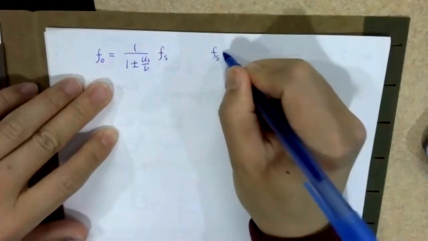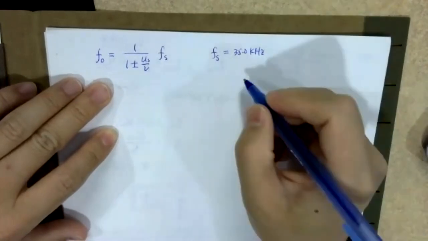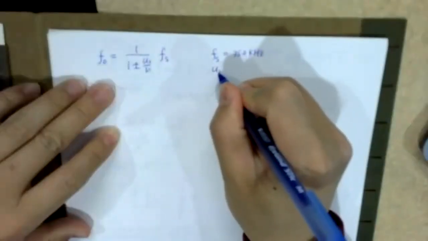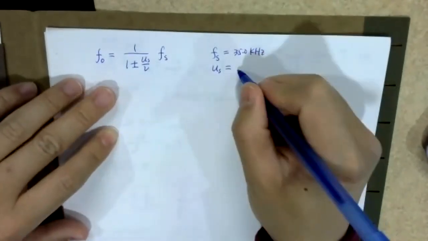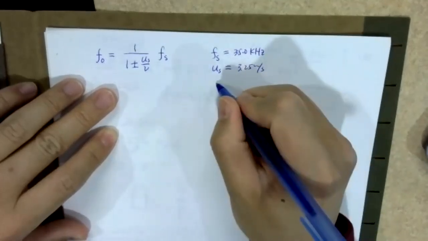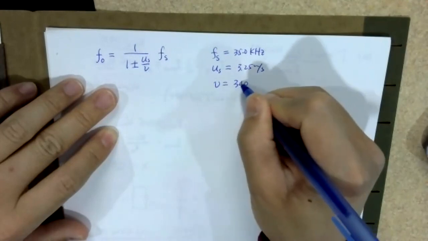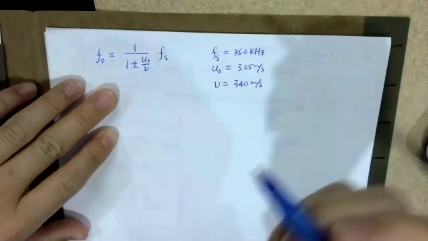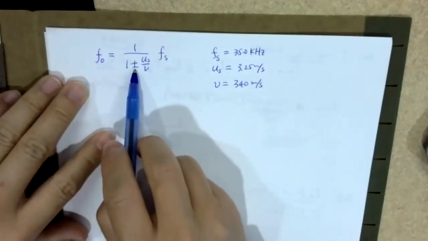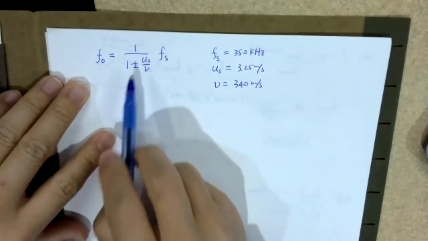It tells you F_S is 35.0 kilohertz, the speed of the source is 3.25 meters per second, and the speed of sound in air is 340 meters per second. So then calculate this. You need to determine if you need to use the plus or minus in the denominator.